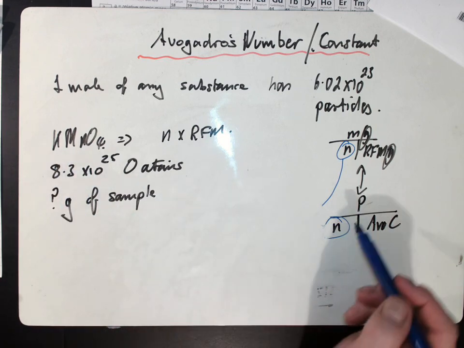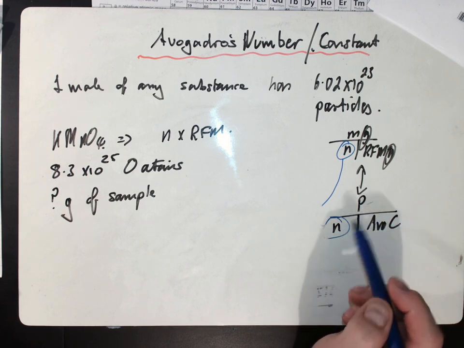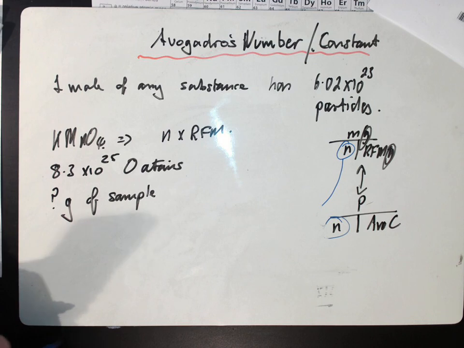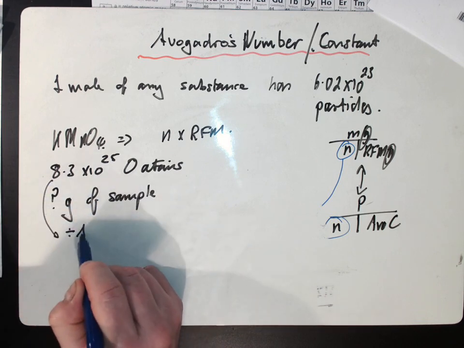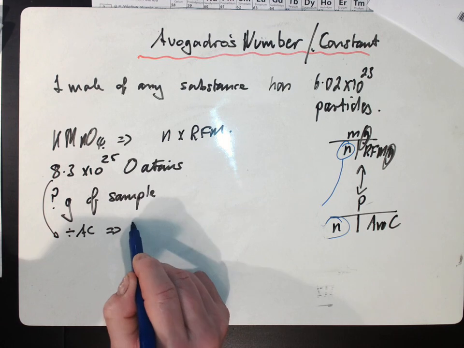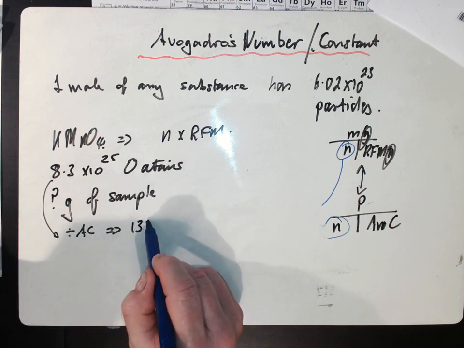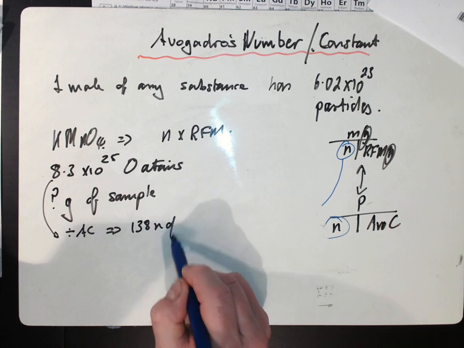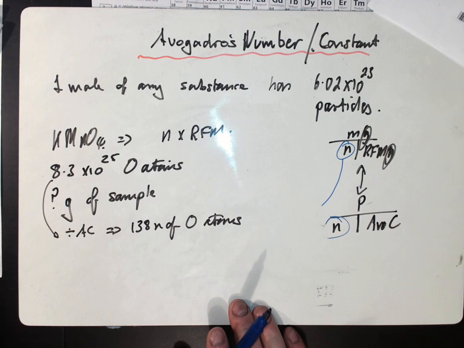I've got particles over here divided by Avogadro's gives me moles, remember, of oxygen atoms. So if I take that and divide it by Avogadro's number, that gives me 138 moles of oxygen atoms, and that's kind of reasonable.